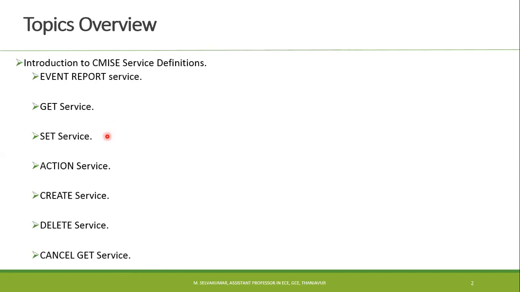The set service sets a new service into the managed object of the remote systems or any other systems. The action service does some action, the create service creates services of the managed objects and the systems, and the delete service deletes the services in the systems. The cancel service cancels the get service that we obtained. So these are the topics we are going to discuss here.